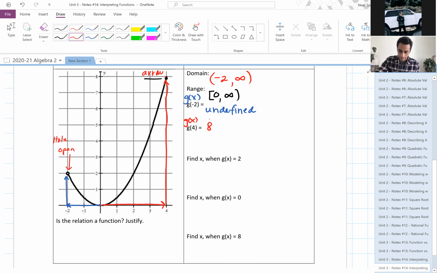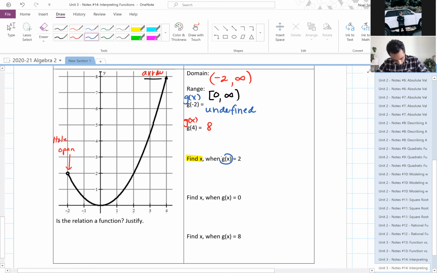All right. Okay, now we have a couple of find x questions. So let me erase some of this. Find x when g of x is equal to 2. In this case, g of x means y, right? When y is 2, find x. So I'm going to highlight. What is the x value?